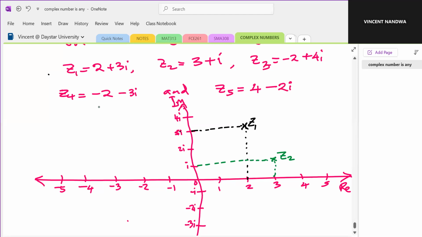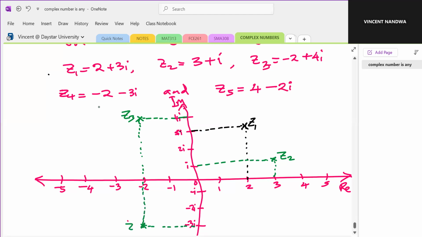Then Z3 is minus 2 on the x-axis and positive 4 on the y-axis. So 4i is here, then minus 2 is here, go up. Where the two lines meet, you put Z3. Then Z4 is minus 2 on the real axis and minus 3 on the y-axis. So minus 3 is here, then this minus 2.